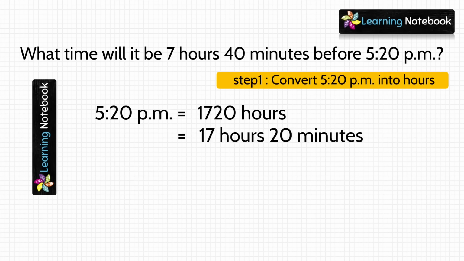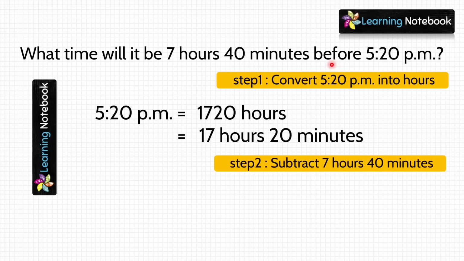Now both the times are in the same units. But in this question, we have to tell the time before 5:20 p.m. So it means here we have to subtract. So let's subtract 7 hours 40 minutes.